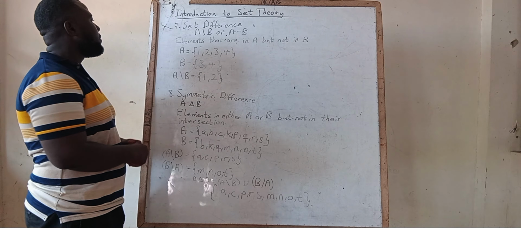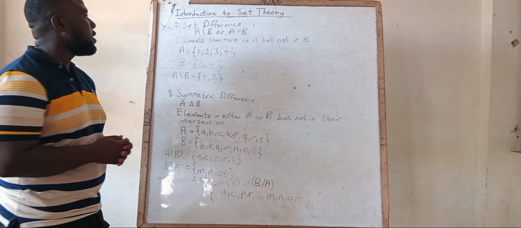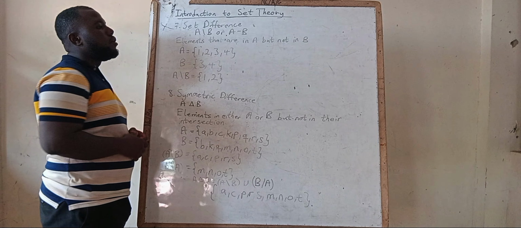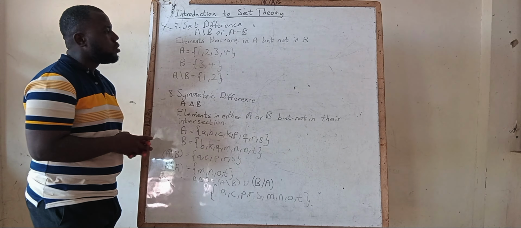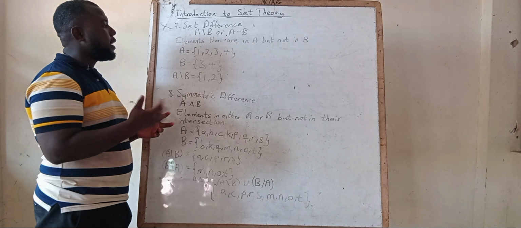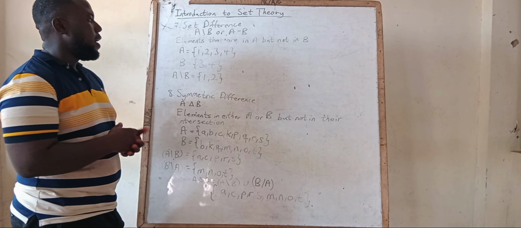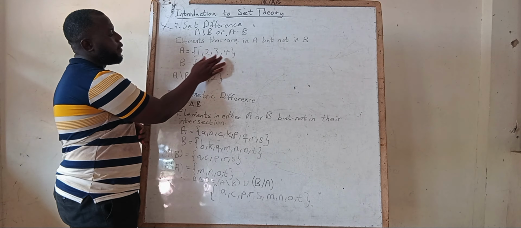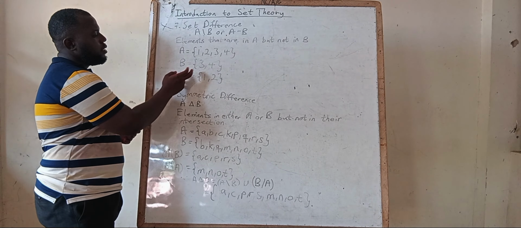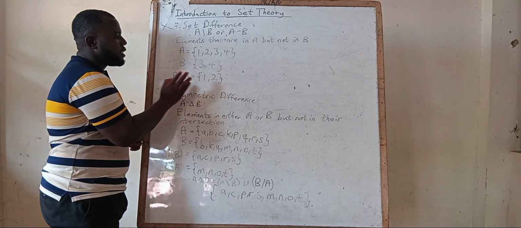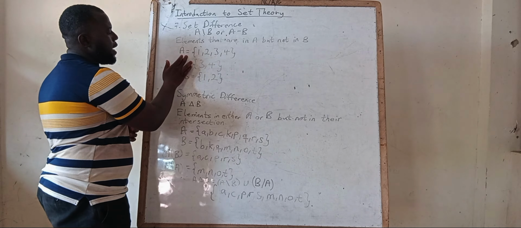Let's move on to point 7. We have to find set difference. Set difference is denoted by A backslash B or A minus B. In finding set difference, we find the elements that are in A and not in B. So if we have A being 1, 2, 3, and 4, and B being 3 and 4, which elements are in A and not in B?